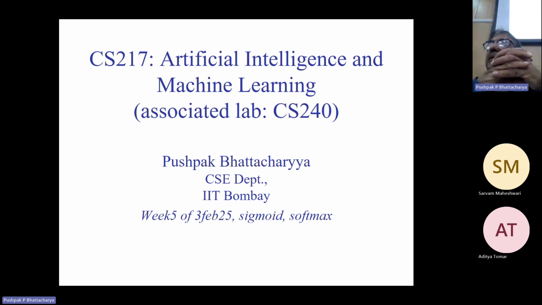So I'll move forward. And today we will do two very important functions for deep learning AI, Sigmoid and Softmax. So in the lab, you have been trying to train a sigmoid neuron.